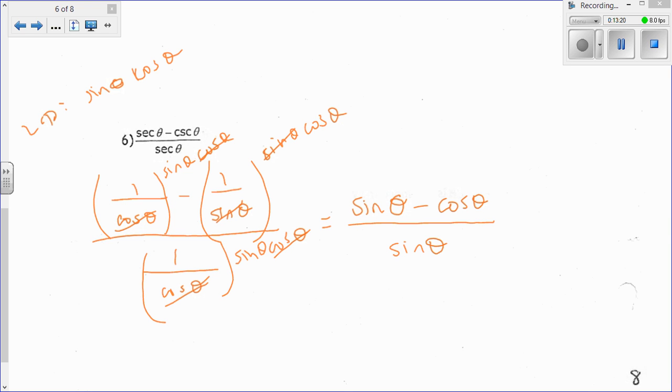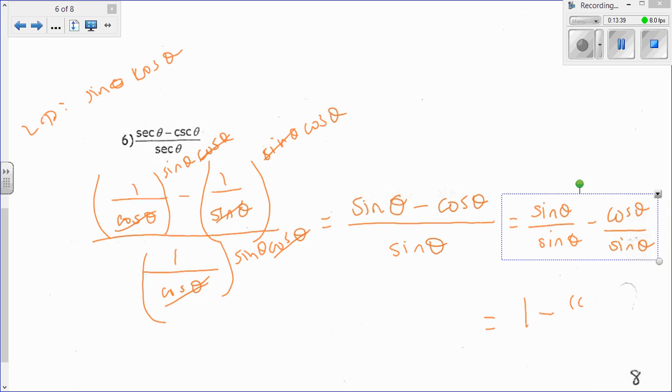This can then be broken into two fractions. Sine theta over sine theta minus cosine theta over sine theta, which would then be equal to 1 minus cosine theta over sine theta.